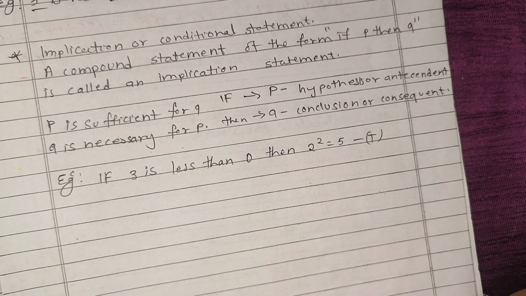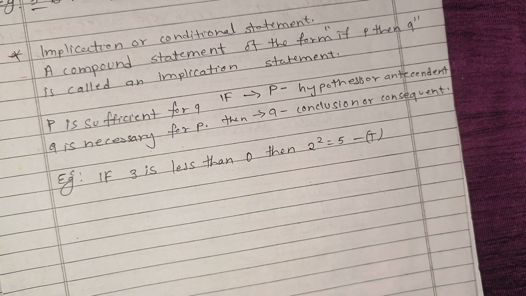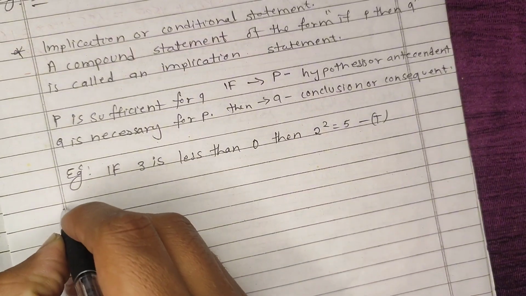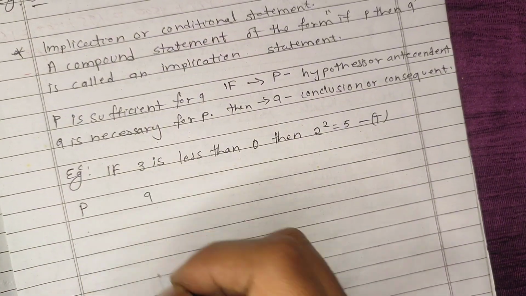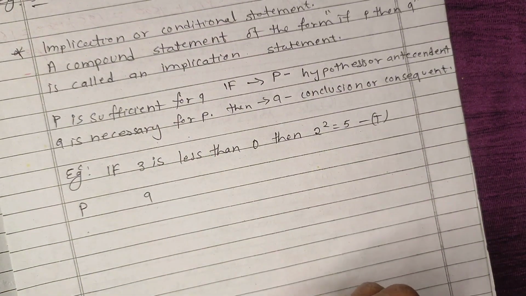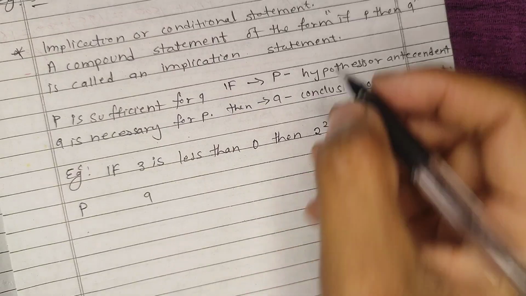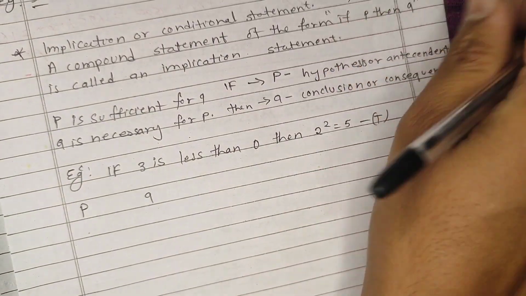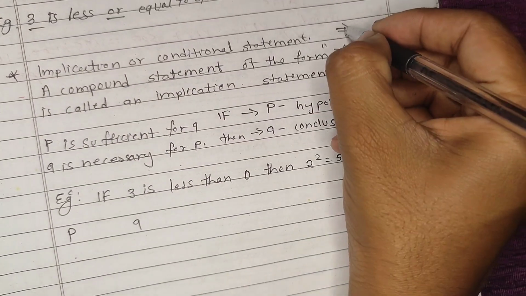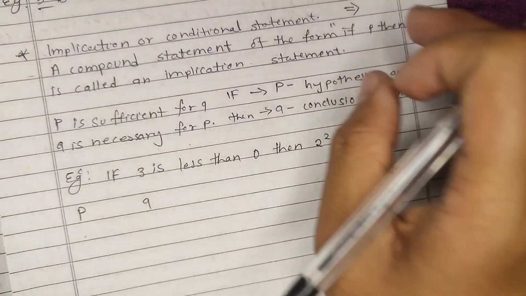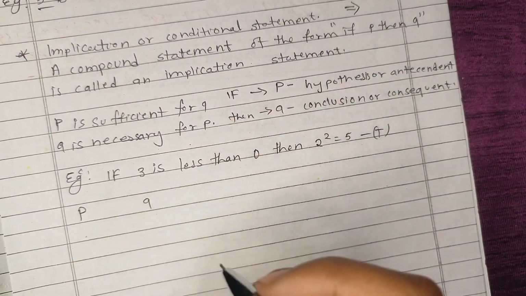First of all, let's gain some knowledge about the truth table, that is P, Q, and we represent the implication or conditional of the statement, as I've already told you, by the symbol, if P then Q. This we call the implication or conditional statement.